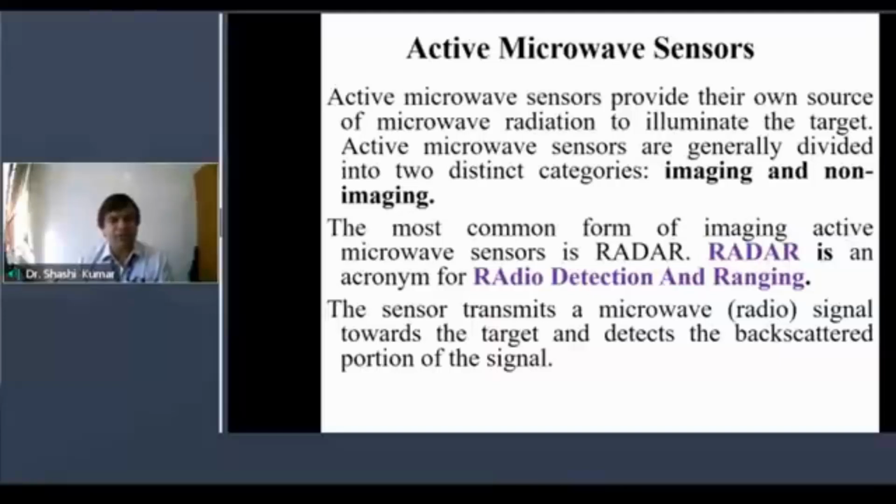The most common form of imaging active microwave sensor is radar. Radar is an acronym for radio detection and ranging. Radar sensors transmit electromagnetic signals towards the target, and receive the backscattered energy from the target to generate the images.